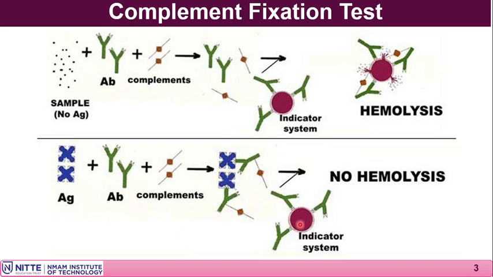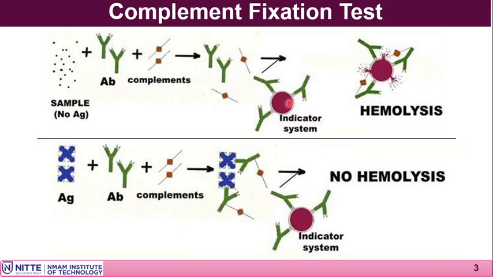And then when you add the indicator, that is sheep RBC bound to the anti-sheep RBC, it will not undergo hemolysis. It is just that we have changed the sequence. And the detection here we have done with the antigen is for the presence of the antibody. Therefore, complement fixation test can be used for the detection of antigen or the antibody in the test serum sample.